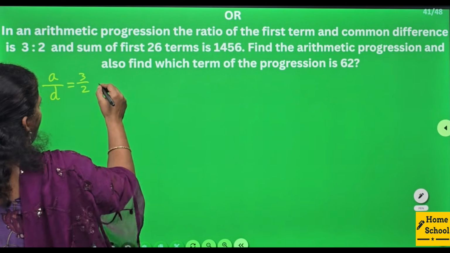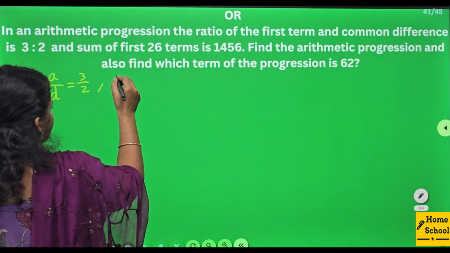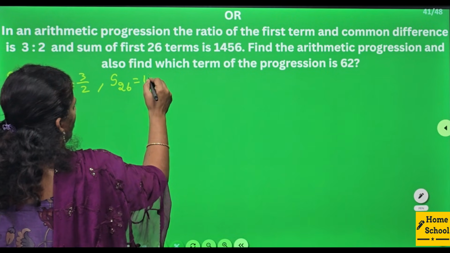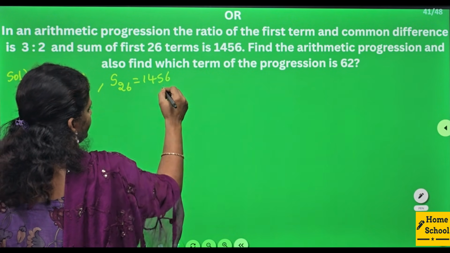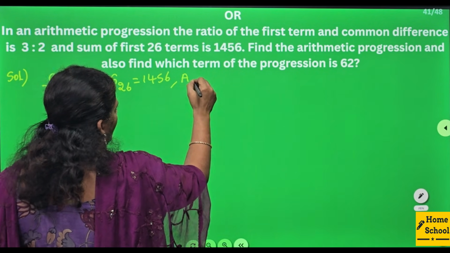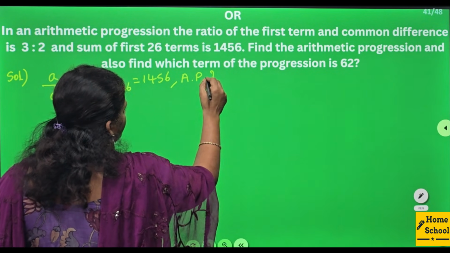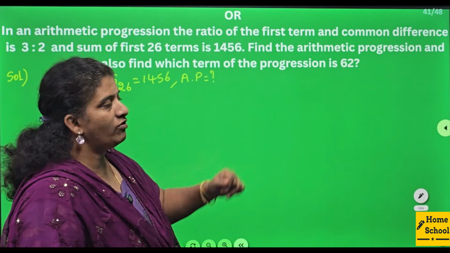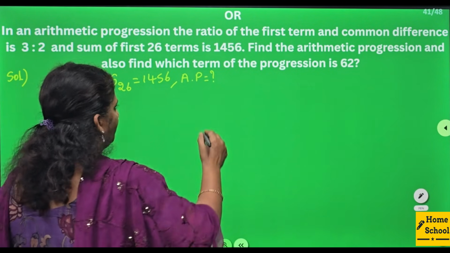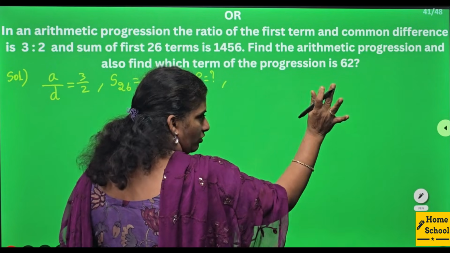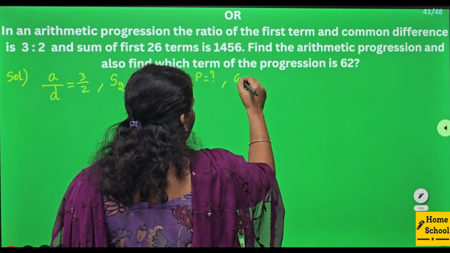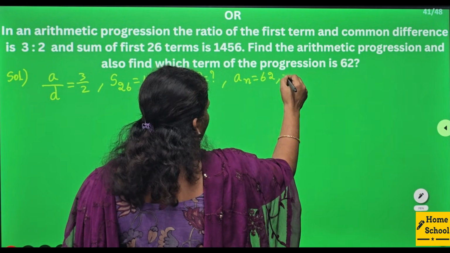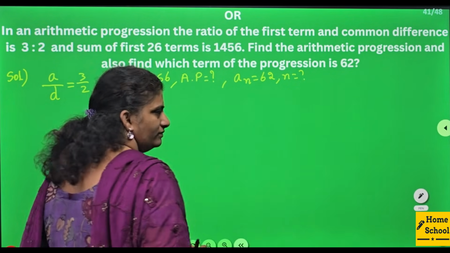And sum of first 26 terms, that is S26 is equal to 1456. Find the arithmetic progression is your question. And also find which term of the progression is 62. That means which term we don't know. So let me assume it as an is equal to 62 and this n value I need to find.